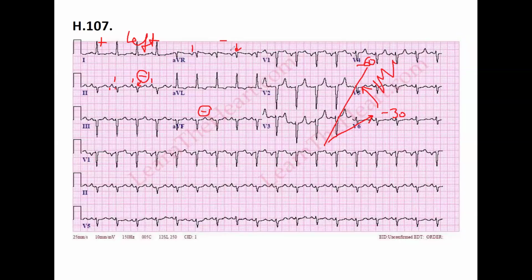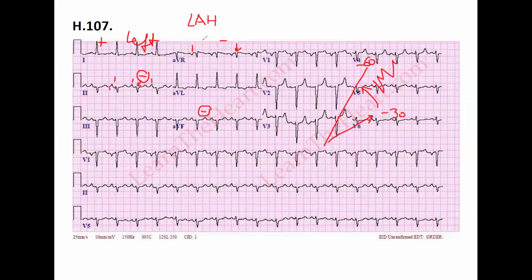I'm not sure. You should collect this information. First of all, the first thing we have to think of immediately, if the QRS is narrow, is left anterior hemiblock. That will cause an extreme left deviation.